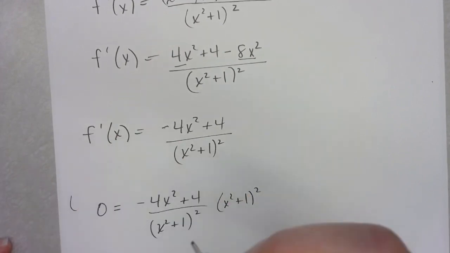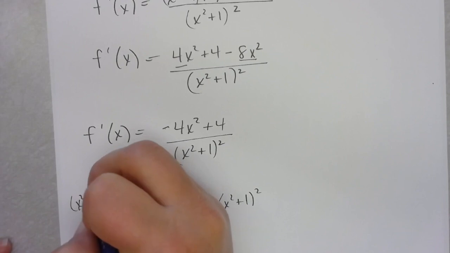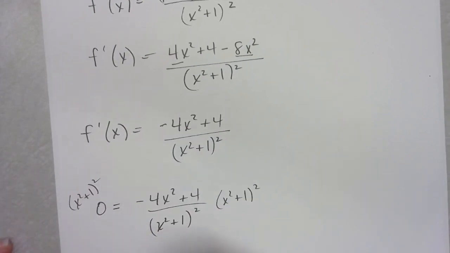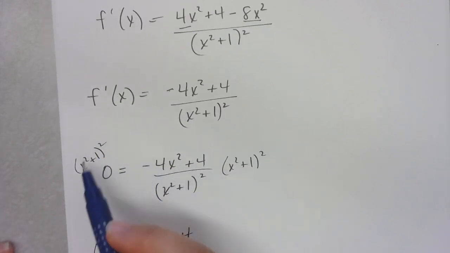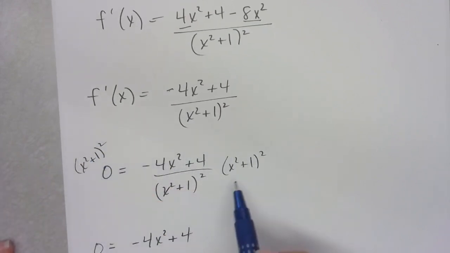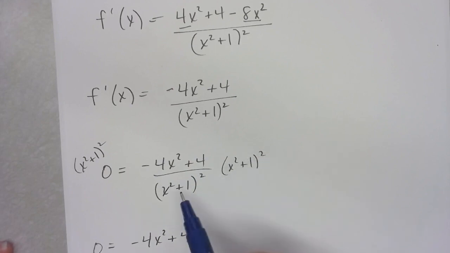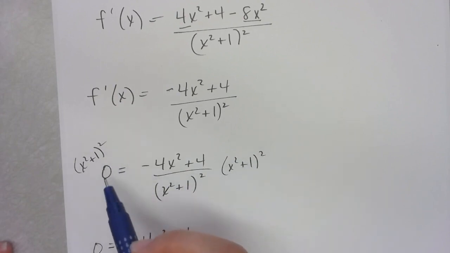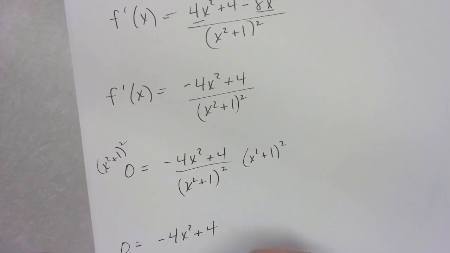And every single time I do that, I get 0 on this side and I end up with the numerator on this side. So I'm pretty much going to omit this step because this happens every time. I'm just going to end up with the numerator equal to 0 because I multiply both sides by the denominator. This side cancels, turns to 1. This side becomes 0.